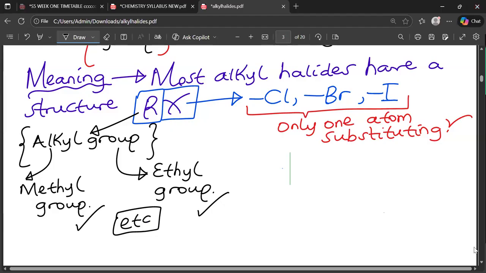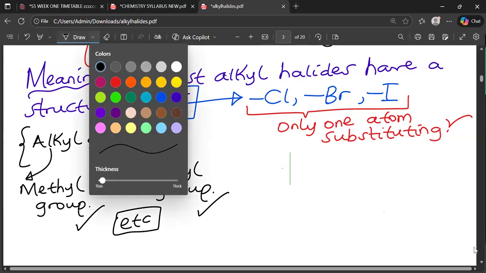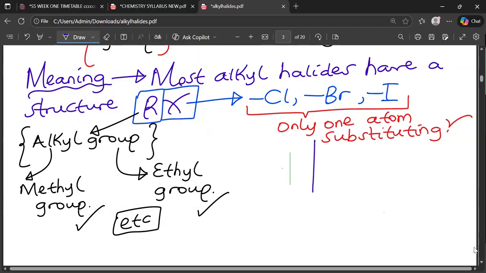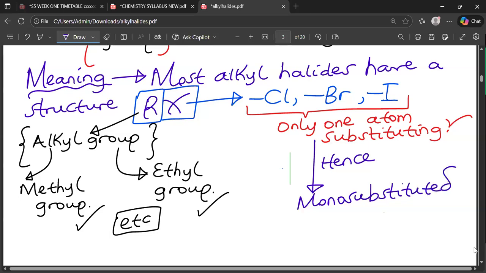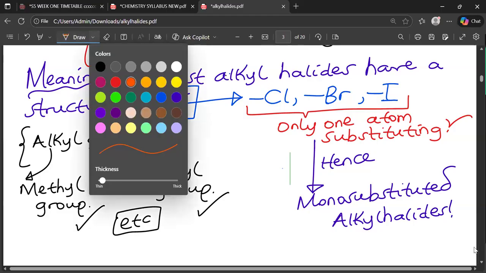Okay. Now, I want you to understand that since here we are having only one atom being substituted, I don't want you to be confused when you find the name monosubstituted alkyl halides. It is simple, only and only. You get? Only and only.